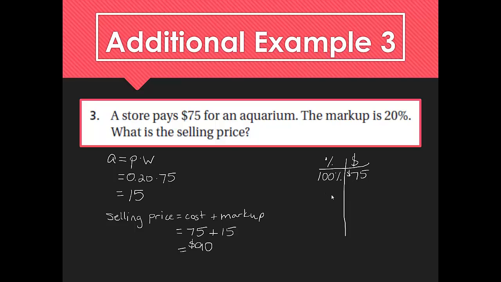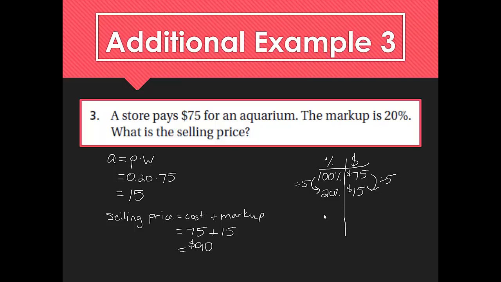We mark it up 20%, so we want to find 20%. So to go from 100% to 20%, we're going to divide by 5. So then $75 divided by 5 would be 15. So we found that 20% of 75 would be 15.